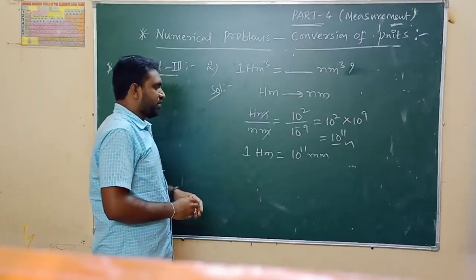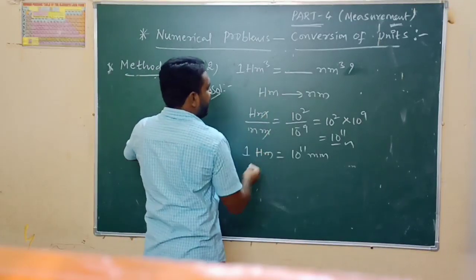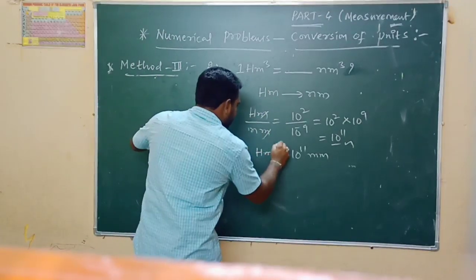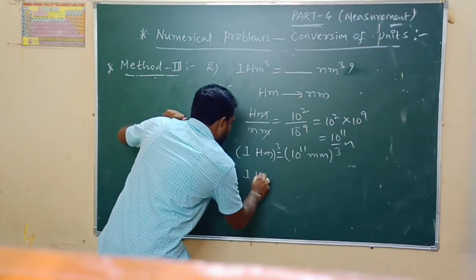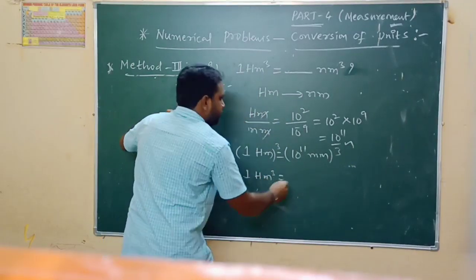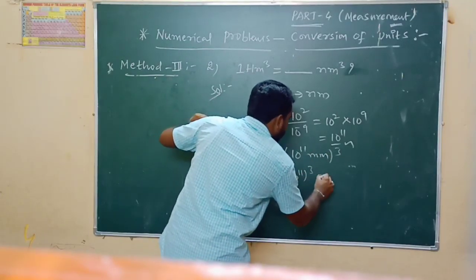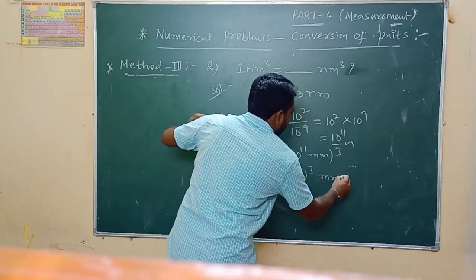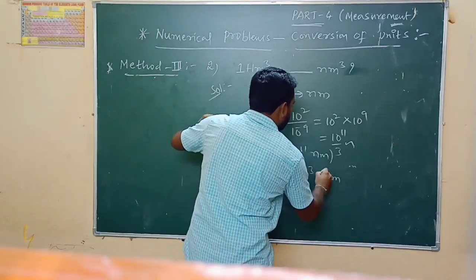But this is not our answer. We require the cube. What do we need to do for 1 hectare cube equals how many nanometer cube? We need to cube both sides. So 1 hectare cube equals, separately, you should not forget, 10 to the power of 11 whole cube and nanometer whole cube.